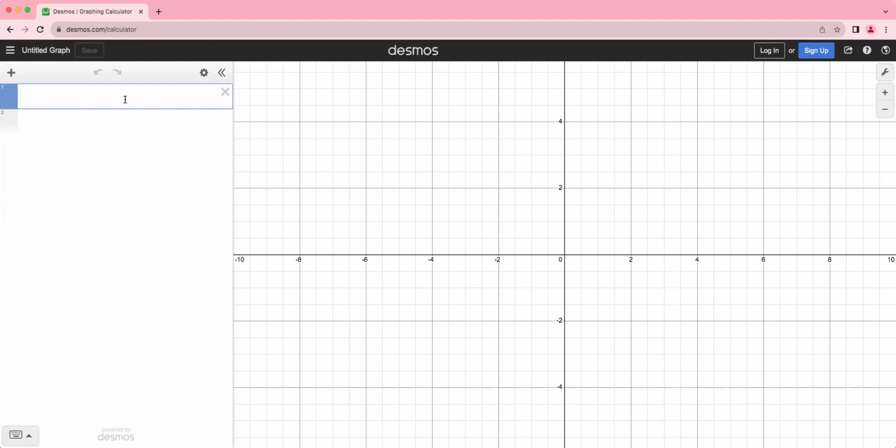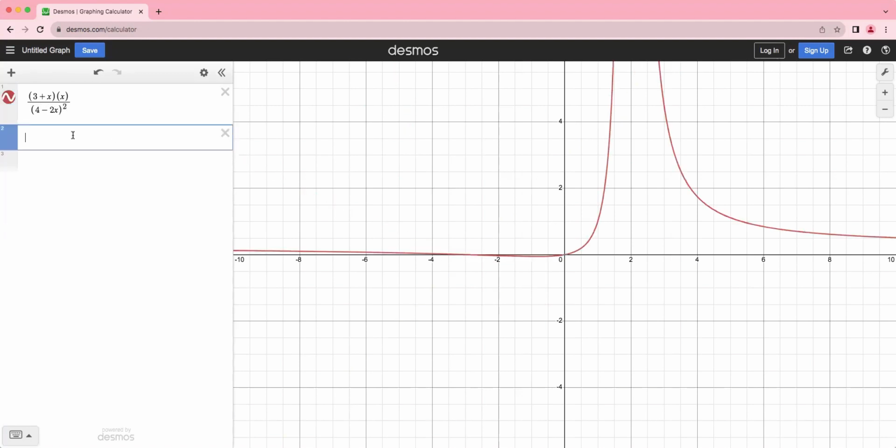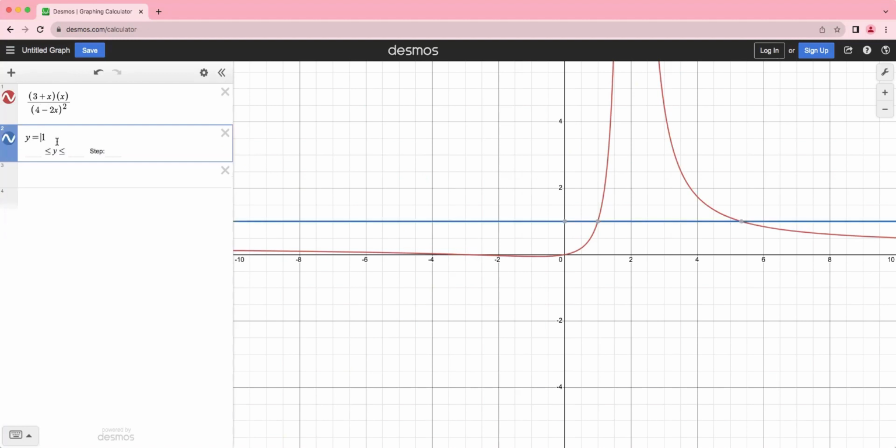So here, I wrote P before. I don't think it's going to like that, so I'm going to put X. This is just the expression that I wrote before. We have that, and I want to know where this meets the line 1, because 1 is the equilibrium constant that we're trying to find. I should put Y equals 1. Put the line. Again, don't worry about all this here.